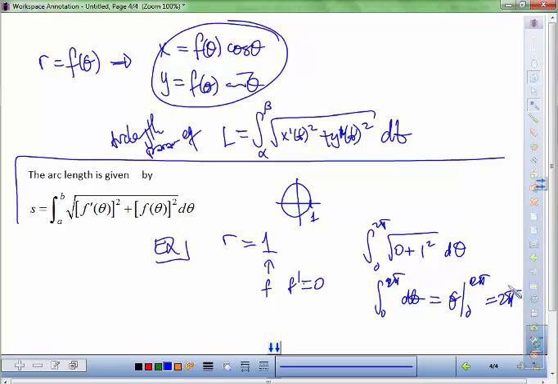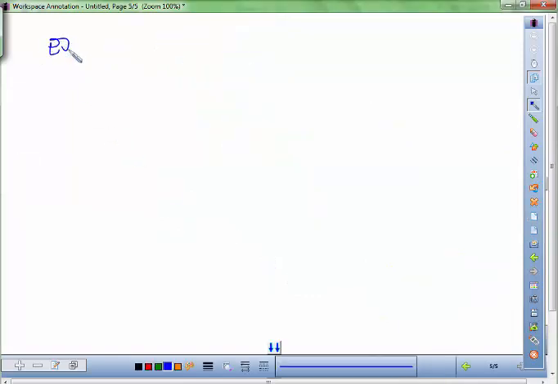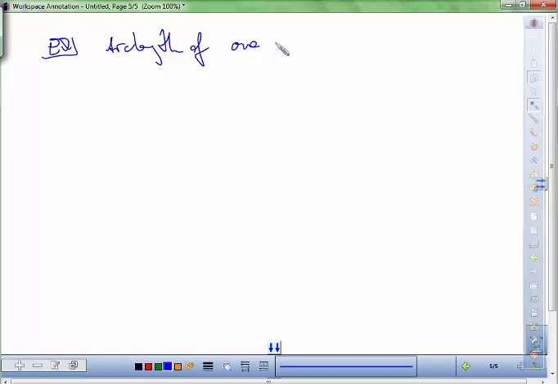All right, let's do one of those 3-leaf rose petals. Example: arc length of one petal, r is equal to cosine 3 theta.